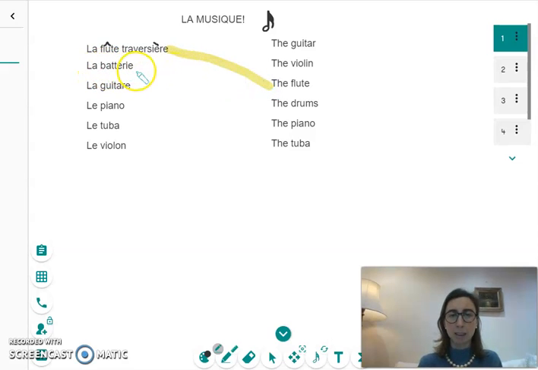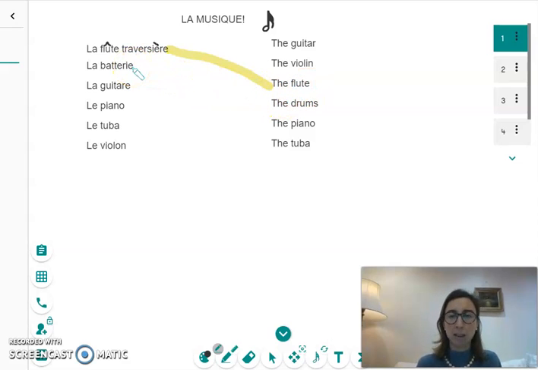La batterie. Now, any ideas? Can't be the flute. If you're not quite sure which one it could be, a very useful tactic is to look at the different options and to work out as a process of elimination which ones not to choose. So, la batterie, it certainly can't be the flute because we've already done that.